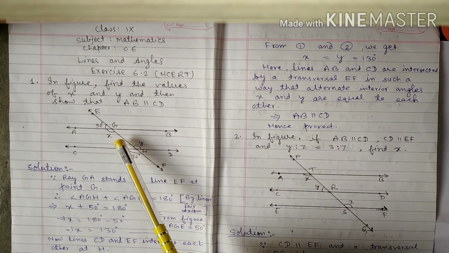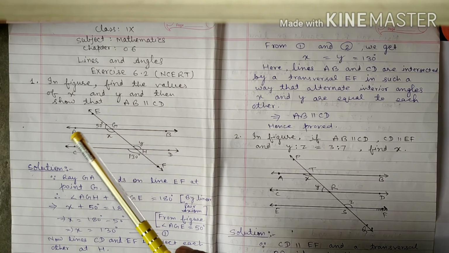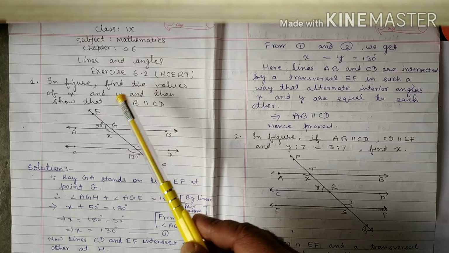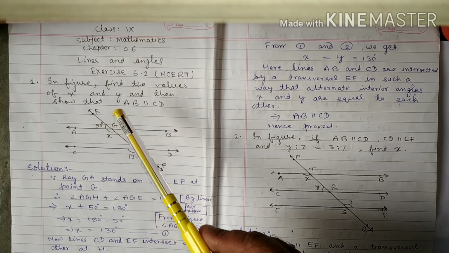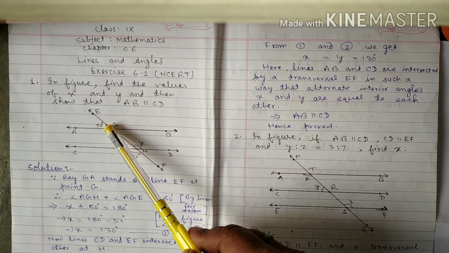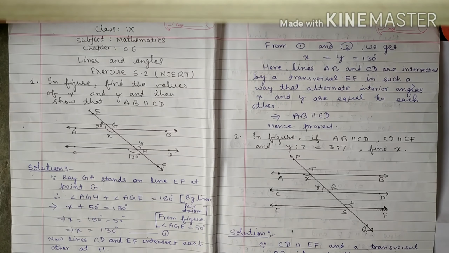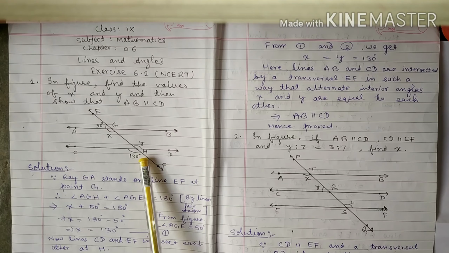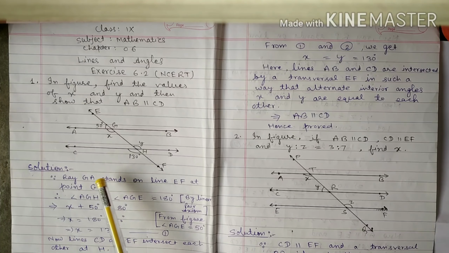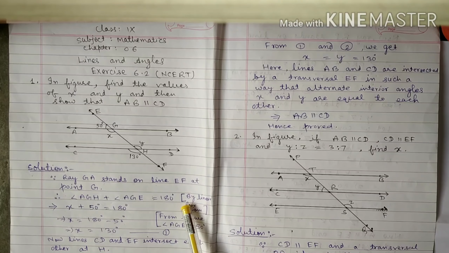For the solution of this question, since ray GA stands on the line EF at point G, therefore angle AGH plus angle AGE is equal to 180 degrees by linear pair axiom.